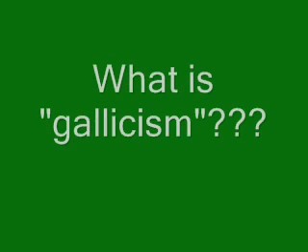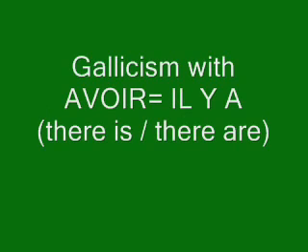I talked in this lesson about a phenomenon called Gallicism. Gallicism is simply a French idiom, something that is typically French, and there is a Gallicism that uses avoir, and this Gallicism is il y a.